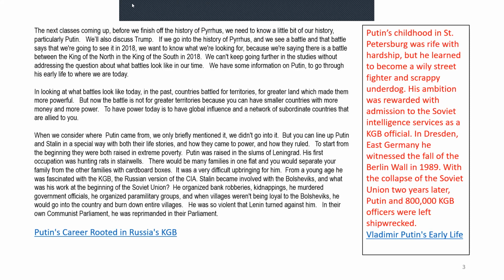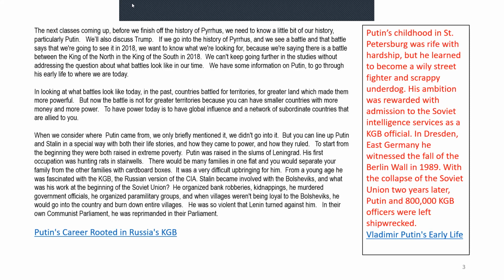If we go into the history of Pyrrhus and we see a battle, and that battle says that we're going to see it in 2018, we want to know what we're looking for, because we're saying there is a battle between the King of the North and the King of the South in 2018. We can't keep going further in the studies without addressing the question about what battles look like in our time.